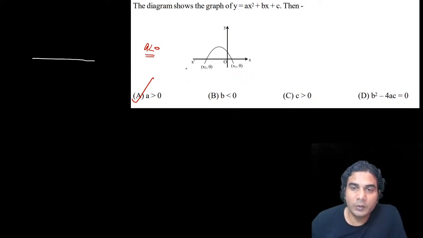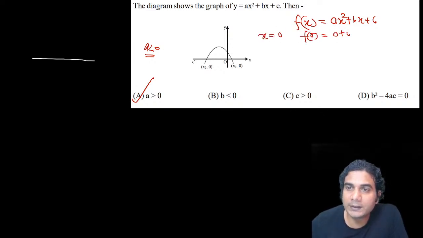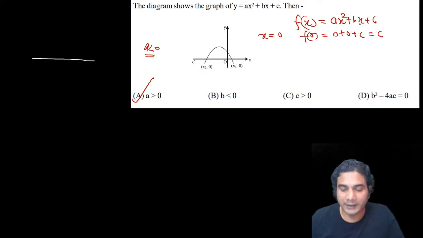Now let's talk about b and c. See, what is the point c? If I take this quadratic as f(x) is equal to ax square plus bx plus c, then for what value of x will f(x) be equal to c? If I put x is equal to 0, then f of 0 is nothing but 0 plus c, that means c. So f of 0 is c.